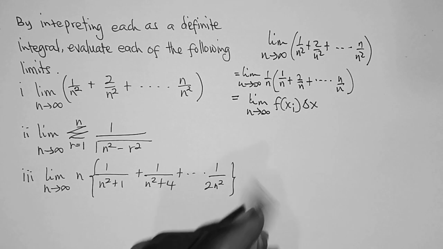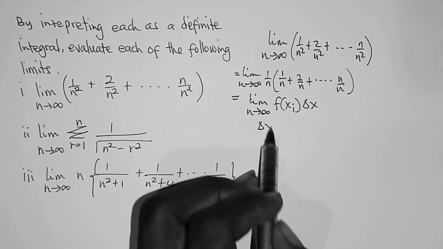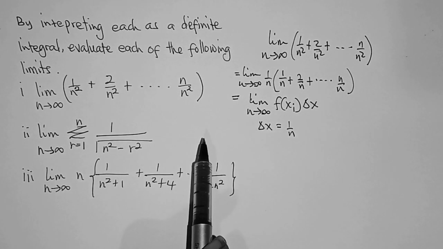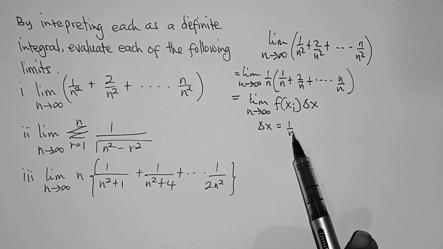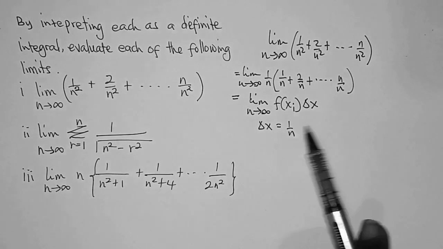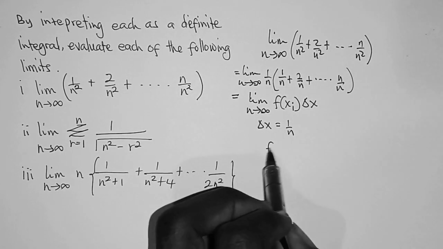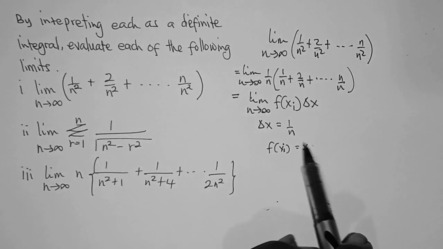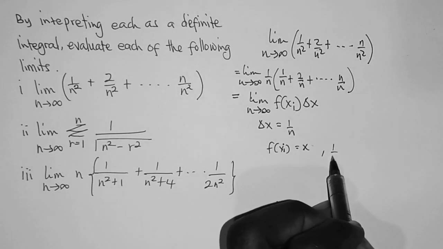But now, what is delta x? You can see that delta x is equal to 1 over n because each of these terms is multiplied by 1 over n. And anytime we put 1 over n into x, we are going to get each of these. So let's assume f of xi is equal to x. When we put 1 over n here, we get the first term to be 1 over n.